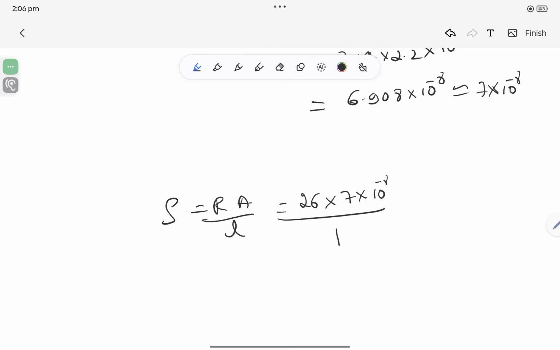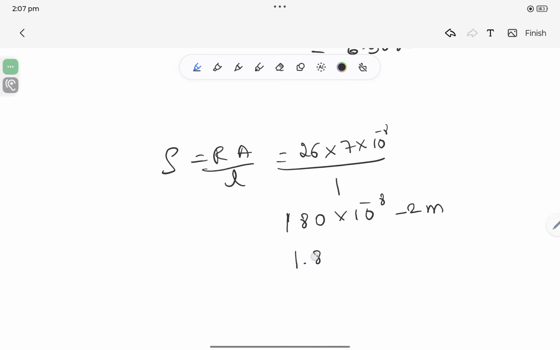If you multiply this, you will get 180 into 10 to the power minus 8 ohm meter, or we can write 1.80 into 10 to the power minus 6 ohm meter. If you are taking the point, you have to write it here.